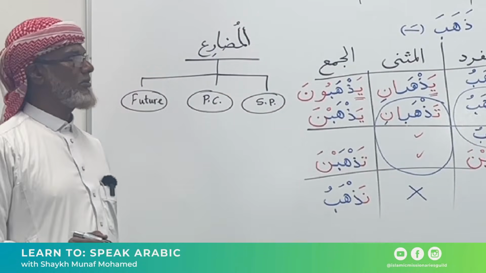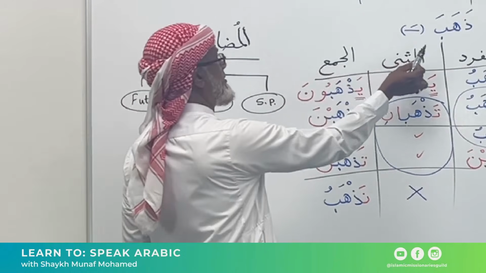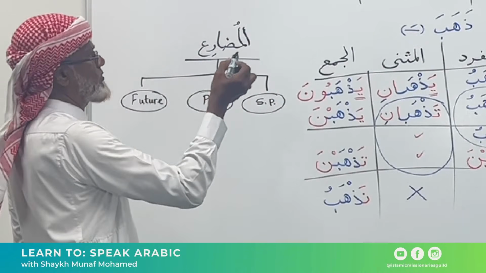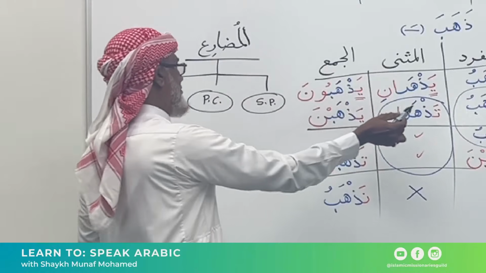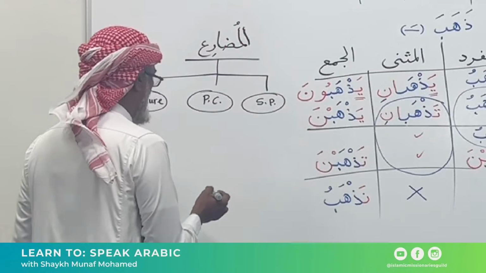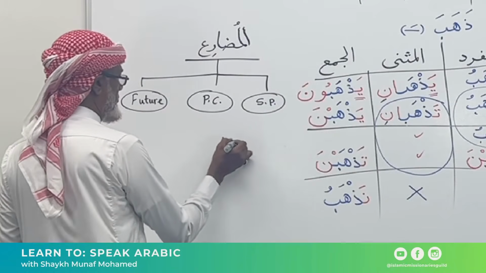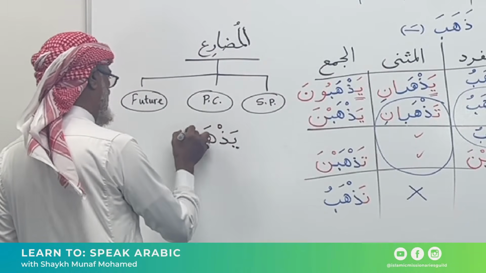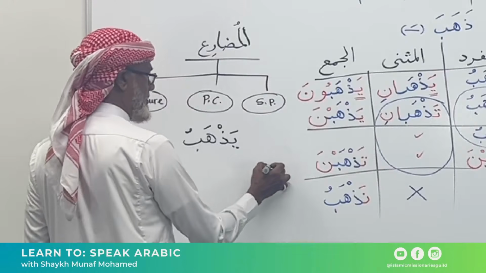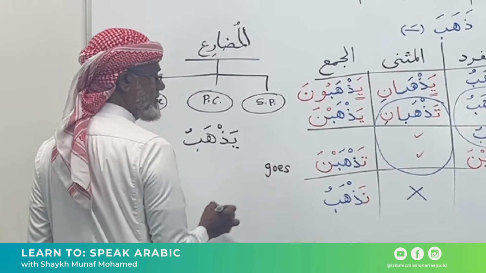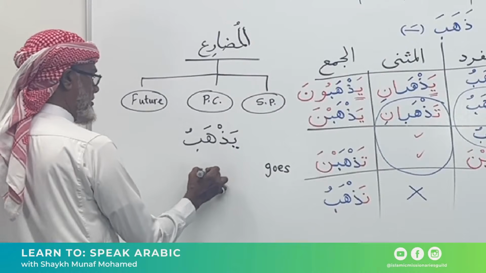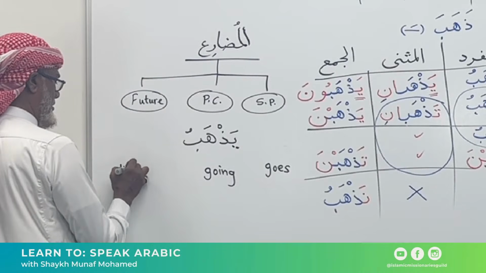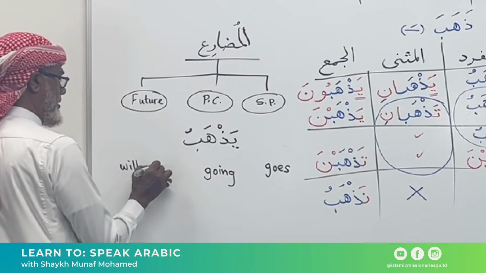Simple present tense. So if we are talking about the word dhahaba, there are three different ways we could look at the imperfect tense. Let's say we are looking at the word yadhhabu. So yadhhabu could mean goes, or it could mean going, or it could mean will go.